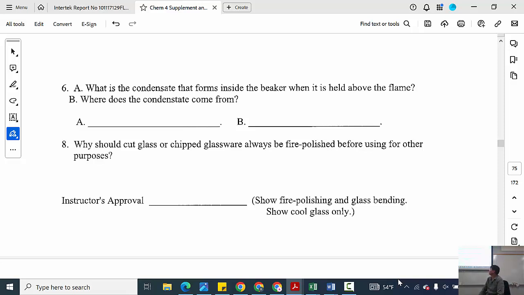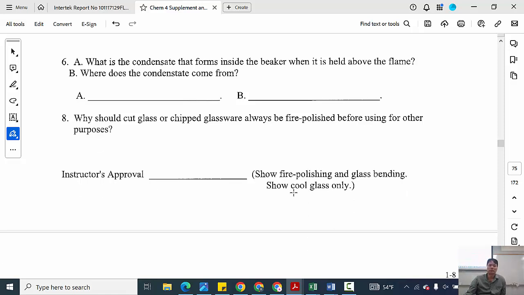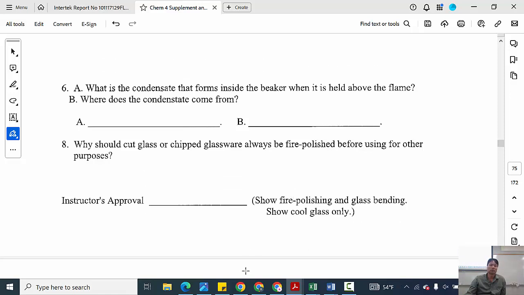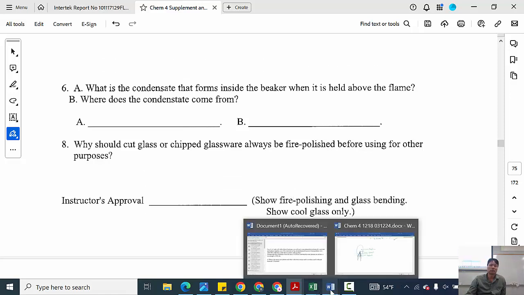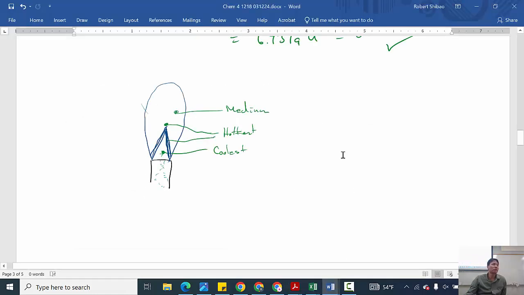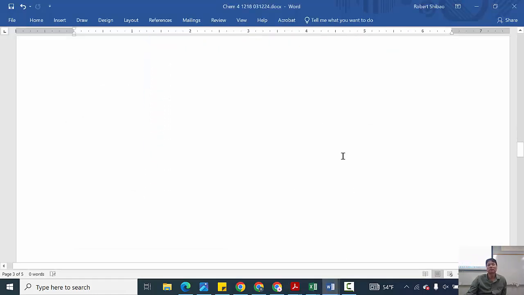Where does the condensate come from? The air doesn't have that much water in there.